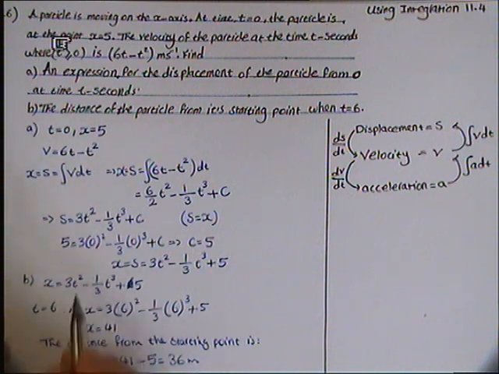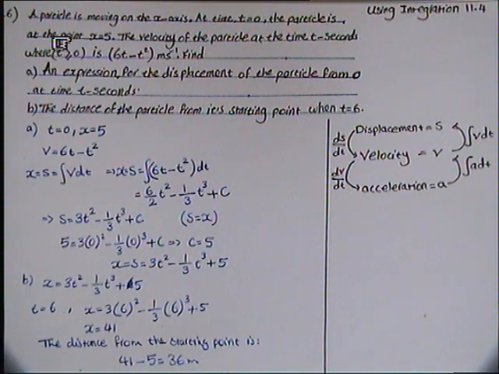This formula just gives you the distance from the origin, not the distance from the starting point. To find the distance from the starting point, you need to take away where the particle originally started from. Okay, so that's the end of example 6.